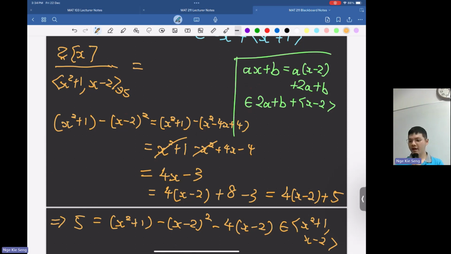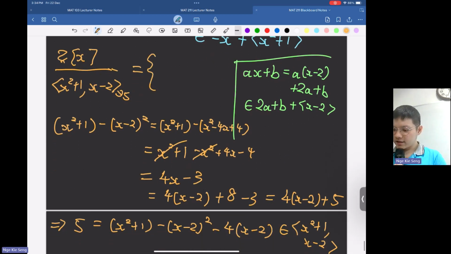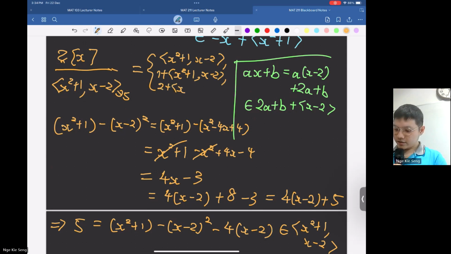So what are the elements here then? The elements are the ideal (x squared plus 1, x minus 2), then 1 plus this ideal, 2 plus this ideal, 3 plus this ideal, and 4 plus this ideal.